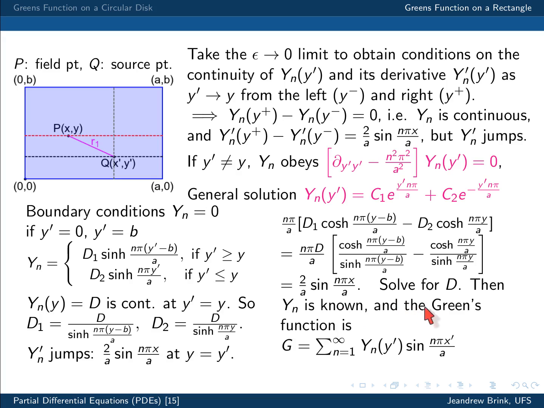And then as a result, the Green's function also is explicitly known. So we have yn y prime of sine n pi x prime over a. These yns are ugly, but they're easy to write down and they're easy to program into a computer.